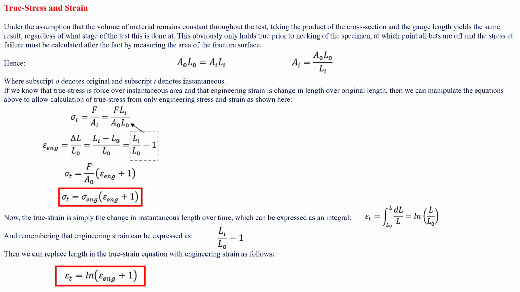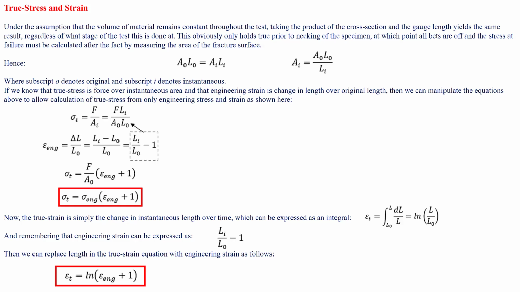For the engineering strain, the formula is change in length over the original length. It is Li minus L0 divided by L0. If you simplify it, Li divided by L0 minus 1. So if you replace this, engineering strain plus 1 is equal to Li divided by L0.